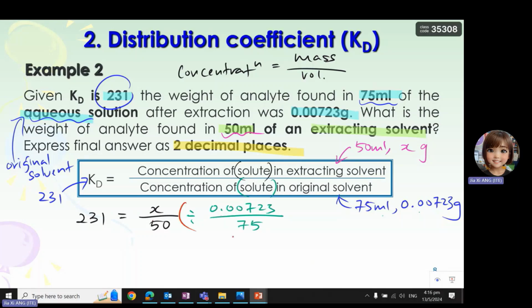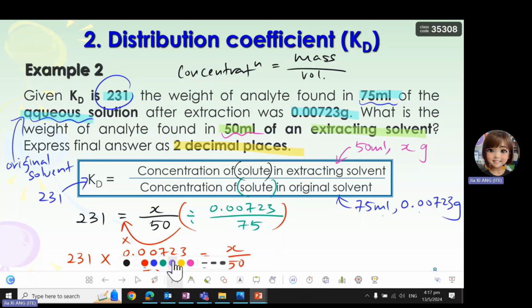What you can do is you can bring this whole term to the other side of the equation. It's a divide. You bring over is a times. So it becomes 231 times 0.00723 divided by 75 equals to x over 50. So this is like maths, all right? And then how to find your x? This is divided by 50. You can bring over times, meaning what?